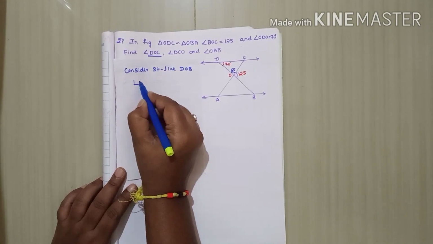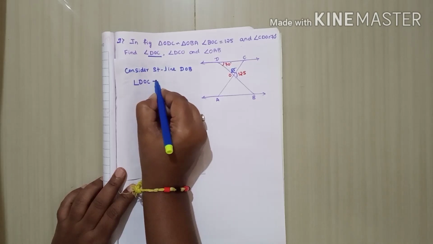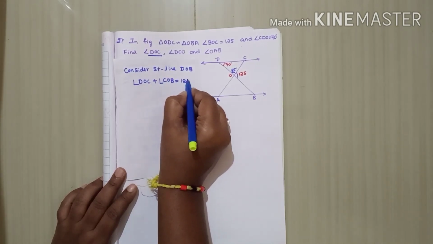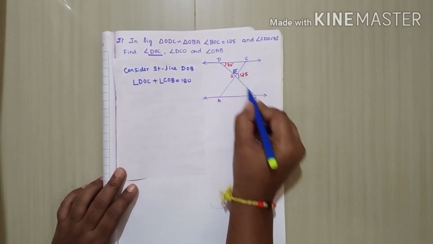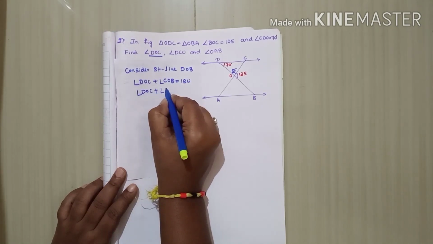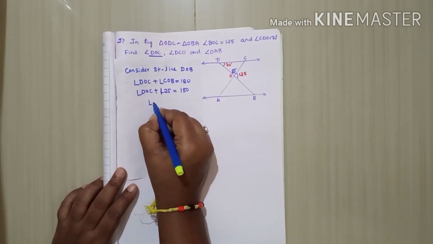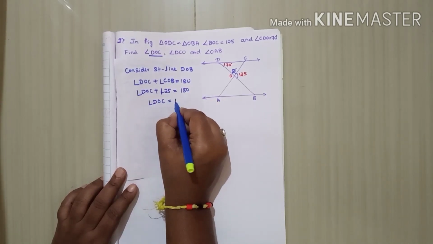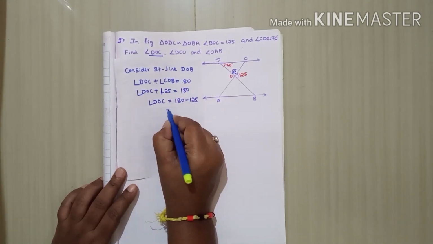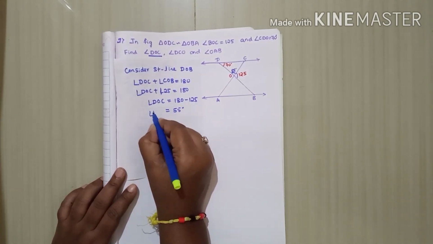That is a linear pair, so DOC plus angle COB is equal to 180 degrees. COB is given, DOC we have to find. 125 degrees plus DOC is equal to 180 degrees. Now DOC is equal to 180, and if you transfer 125 to the right side it becomes minus 125. 180 minus 125 is 55 degrees. DOC we got now.